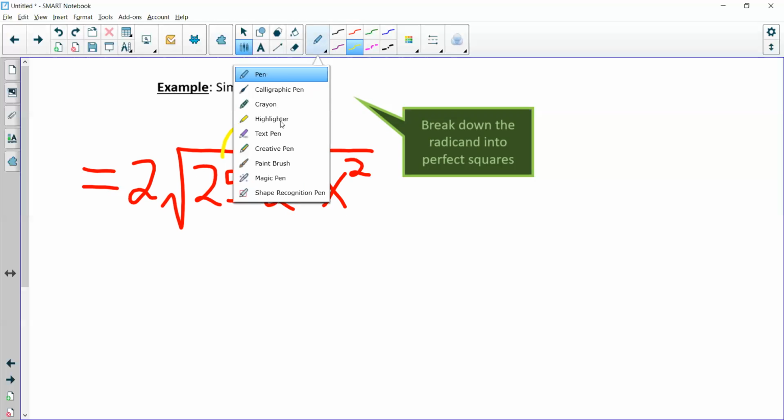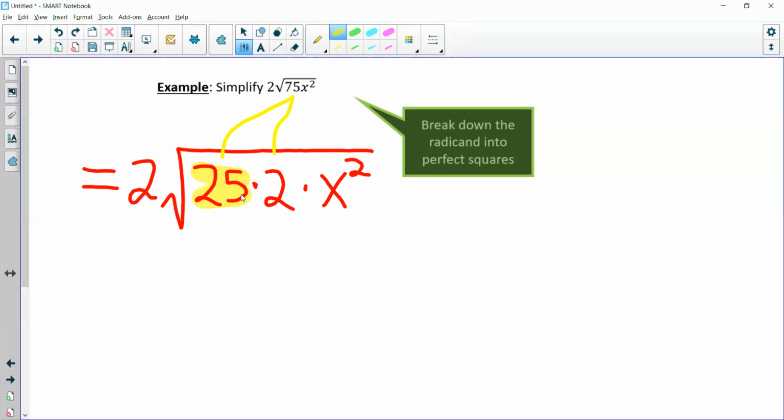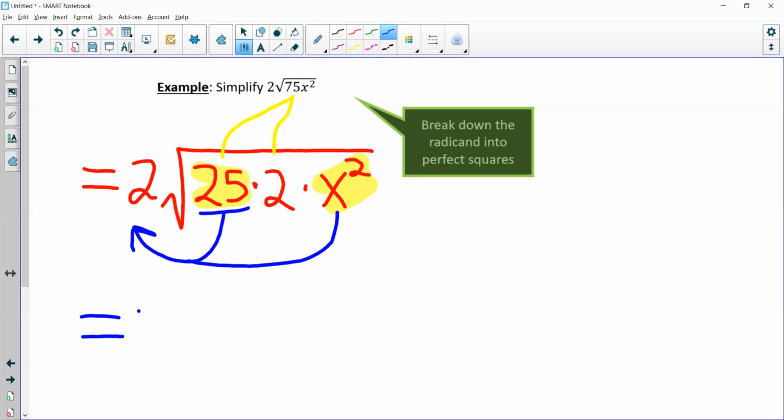Now I have a perfect square here and a perfect square here. Both of those perfect squares are going to come out of the radical, and we will square root them. The 25 will come out as a 5. So I end up with 2, because this 2 still is in front. So I'll get 2 times 5, because square root of 25 is 5.